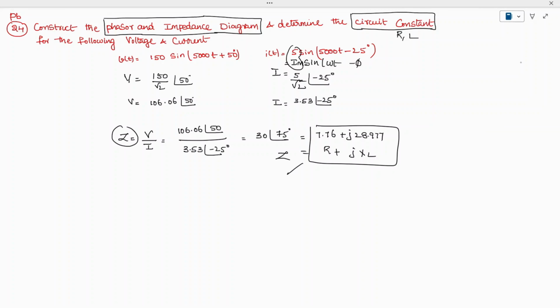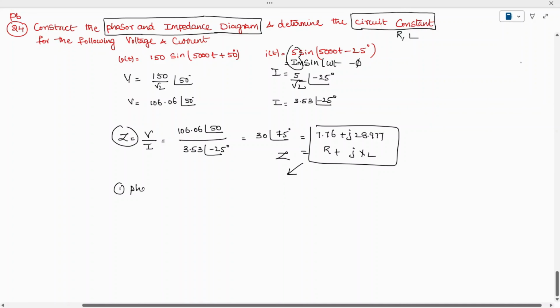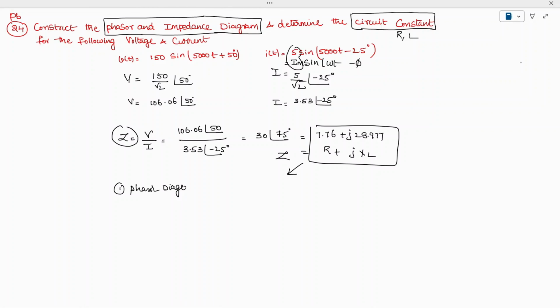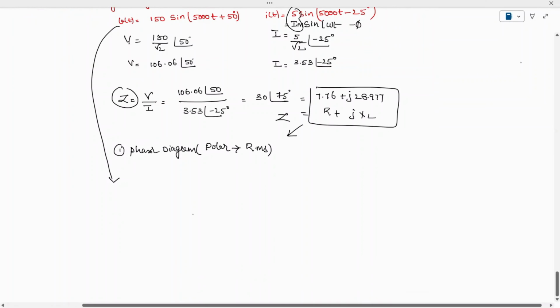From this impedance, first I have to draw the phasor diagram. When you draw the phasor diagram, we should draw with respect to the polar form, and these quantities will be in RMS. Now let's draw the voltage initially, taking some reference at 0.